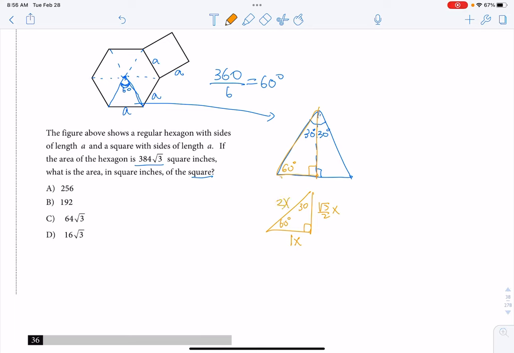We know that the length of the whole side is a, so this one will be a over 2, then the altitude will be a over 2 multiplied by square root 3 over 2.